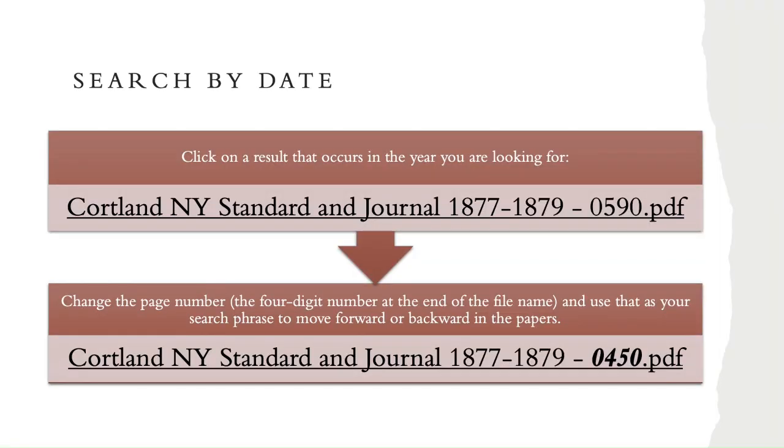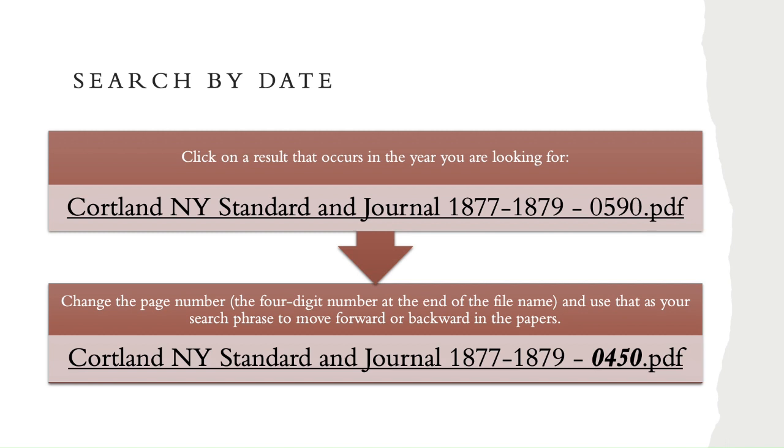So here's another trick. There's not really a great way of trying to search for a specific date. What you can do is try to find a result that is dated somewhere near the specific date that you are looking for. So we know for Austin Dexter that he died on April 10th, 1879.